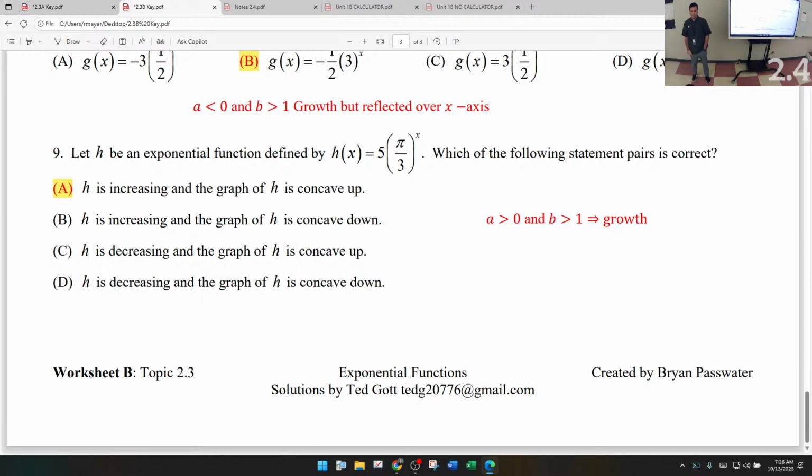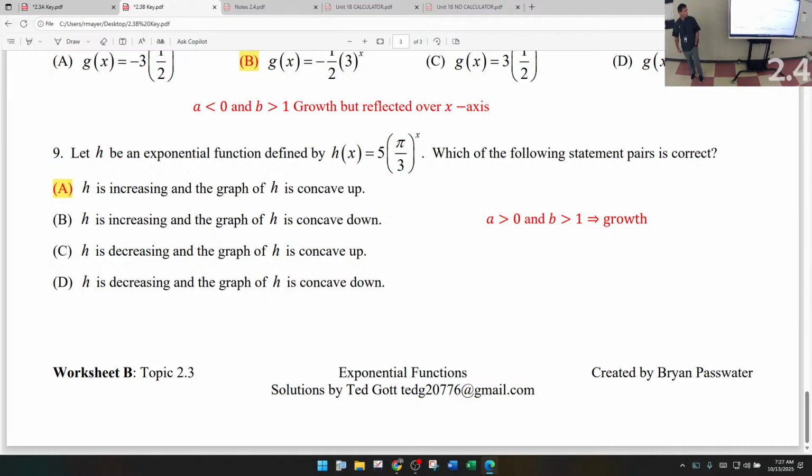Yes, ma'am. Is there a situation where the B value is between 0 and 1? The base? Yeah, that's a decay.